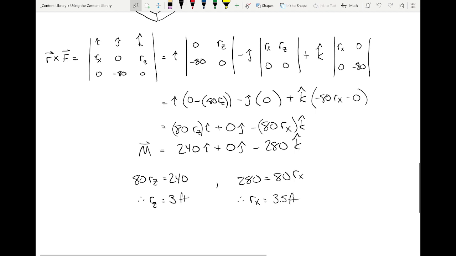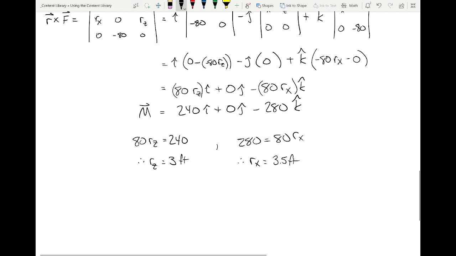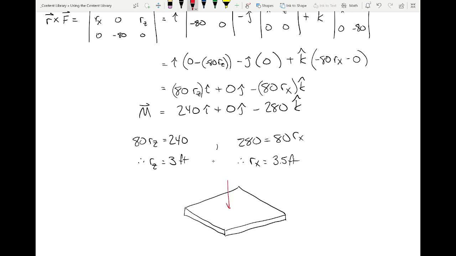So the idea is here's your slab. Here's your resultant. And this dimension here is 3 feet.